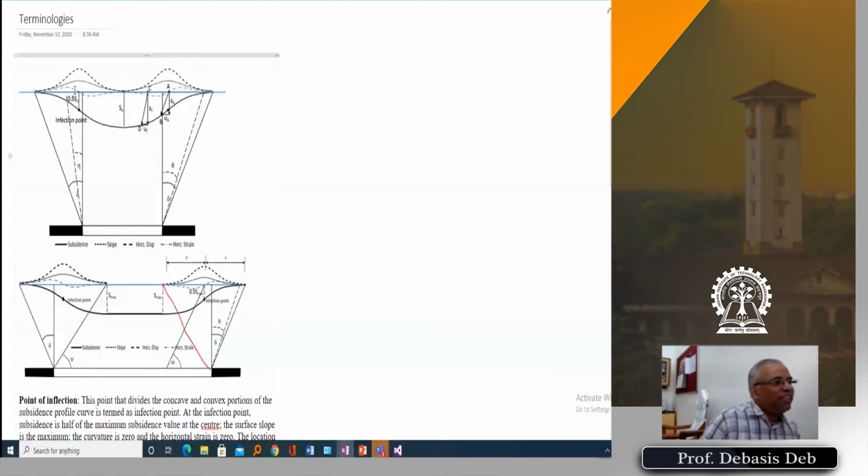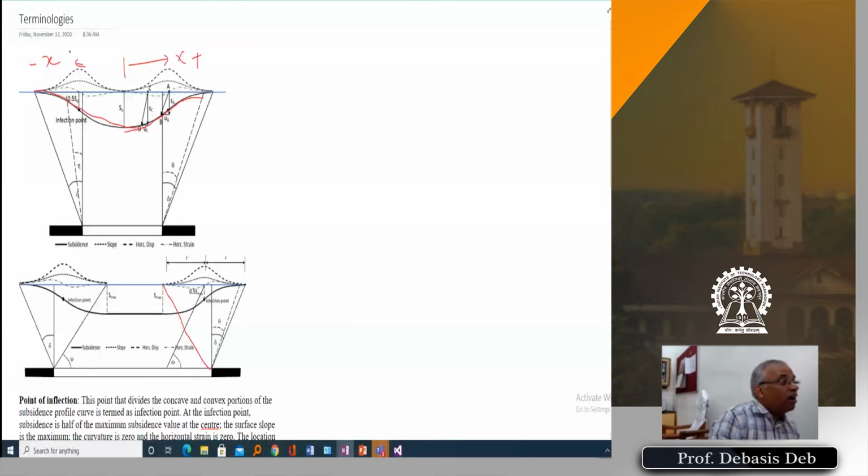This blue line is, let's say, the surface, and vertically the surface has come down like this. Now, if you take our x as either this way positive and this way negative, right from the middle.